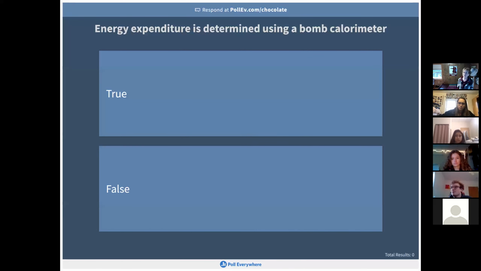Energy expenditure is determined using a bomb calorimeter. True or false? Oh, great.